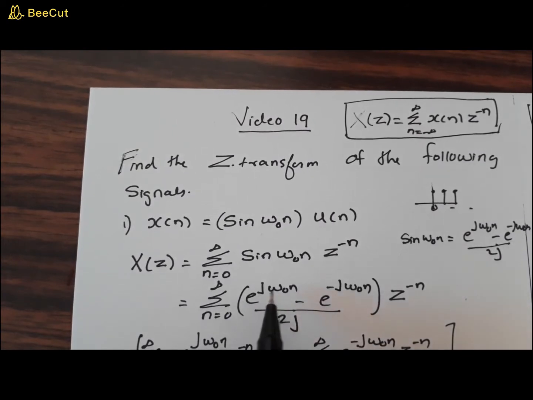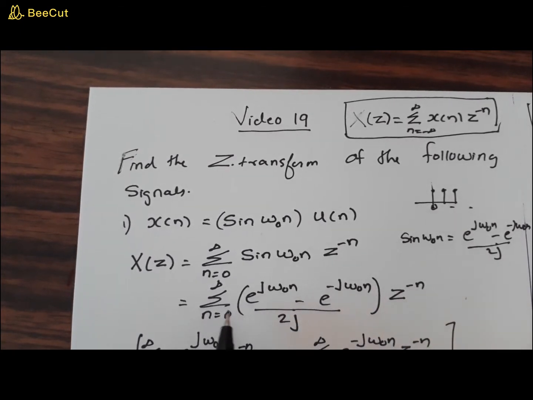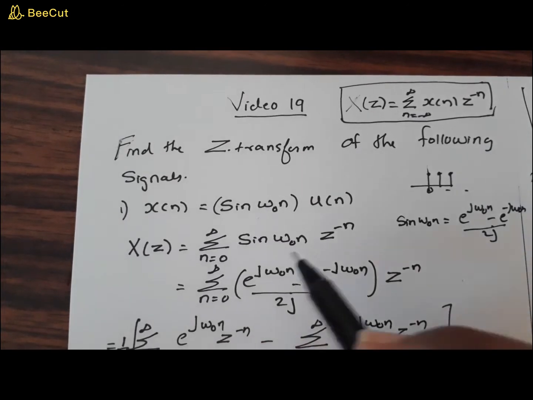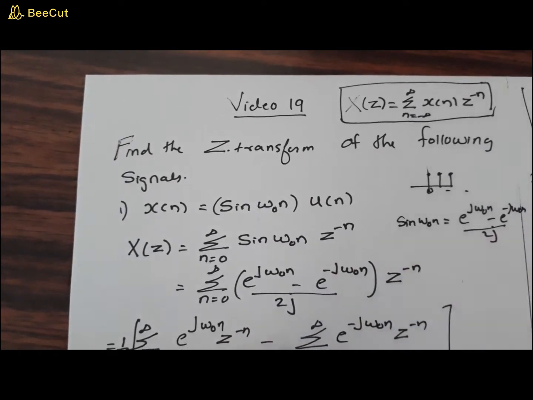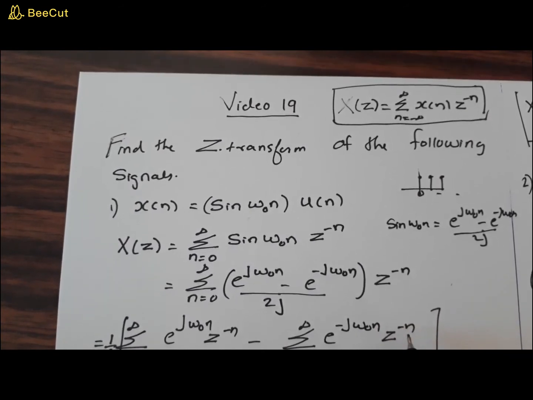Sigma e raised to j omega n by 2j minus, so you are taking this 1 by 2j outside, and you are giving the summation to these two terms. So you will be getting two terms. One is e raised to j omega 0 n into z raised to minus n. Another one is e raised to minus j omega 0 n into z raised to minus n.